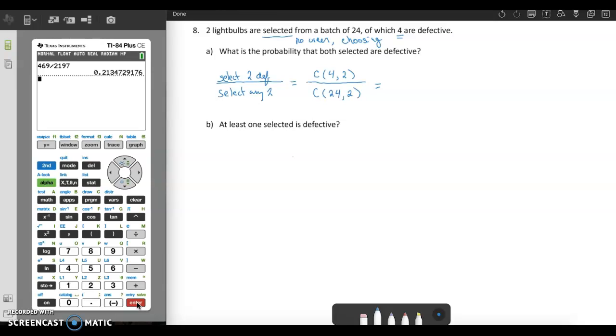And then you'd want to either grab your calculator or use the formula to do these, but I'm going to leave that to you and skip straight to it. 4 choose 2 is 6, and 24 choose 2 is 276. And you can reduce that to 1 over 46.